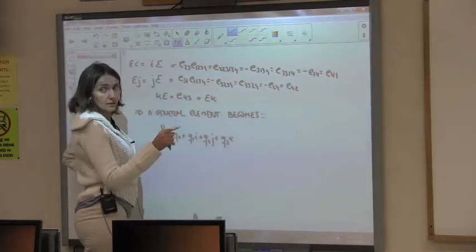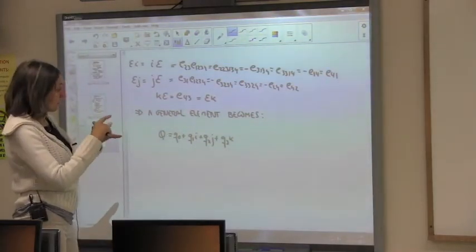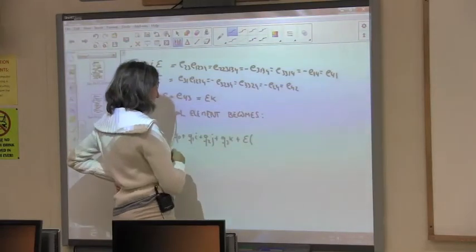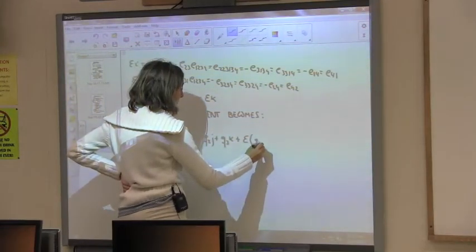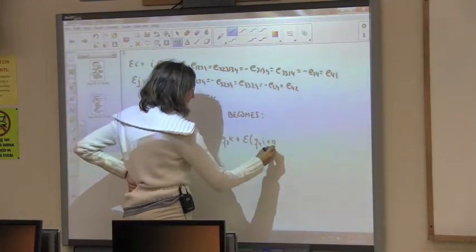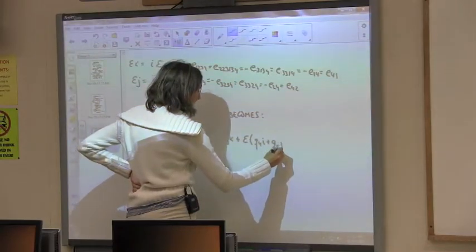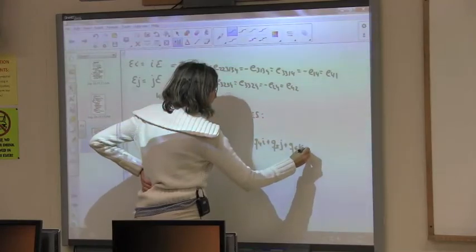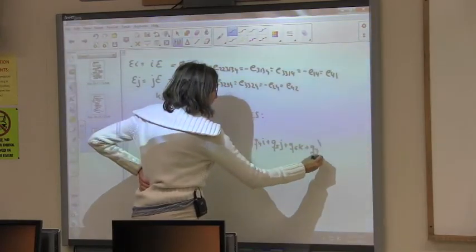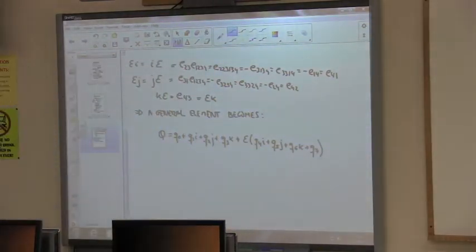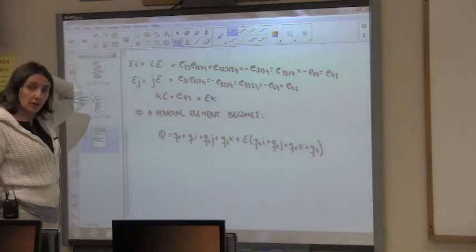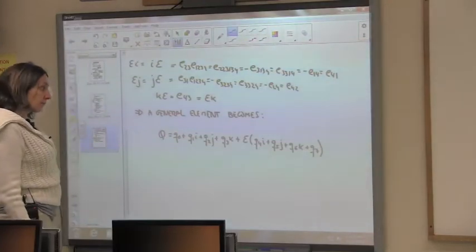And now we have the I epsilon, J epsilon. Everything multiplies epsilon: Q4I plus Q5J plus Q6K plus Q7, that was multiplying only epsilon. So it's just another notation for the same vector, with I, J, K, and epsilon.